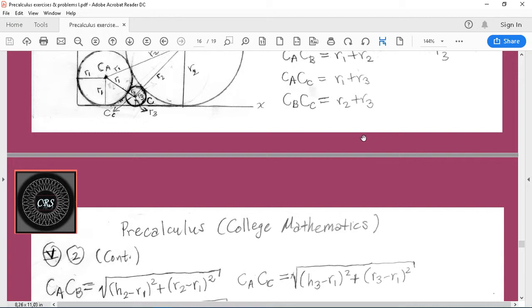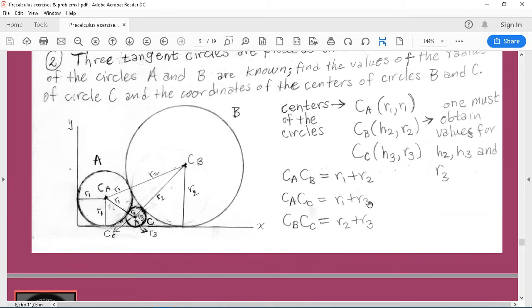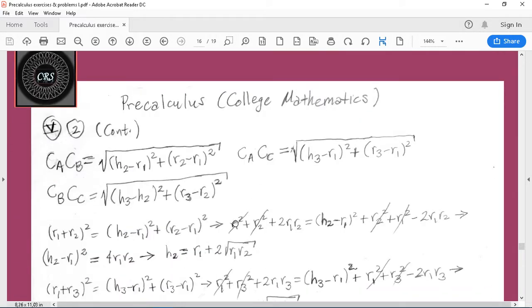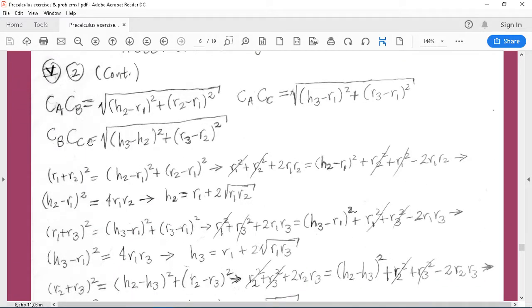And also CBCC equals the square root of the square of H3 minus H2 plus the square of R3 minus R2.